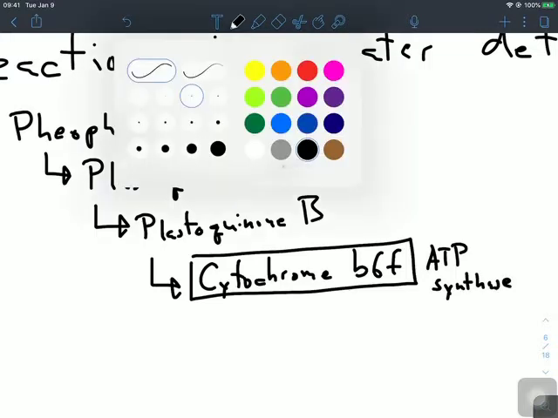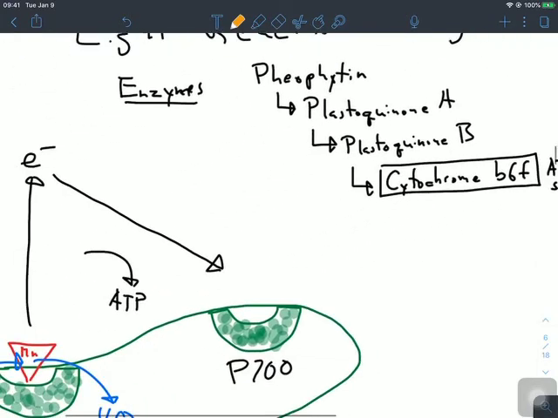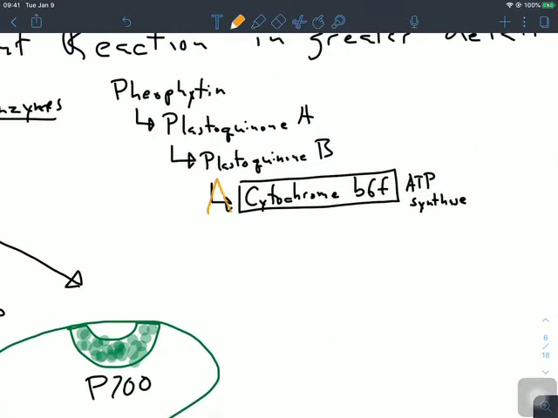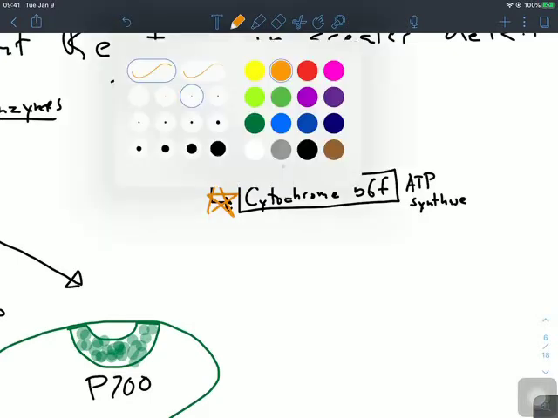So, in terms of the actual production of ATP, this process that was the goal of our understanding last time, it's actually happening at this specific enzyme. The pheophytin, plastoquinone A, and plastoquinone B are getting things ready in order for cytochrome B6F to produce ATP.